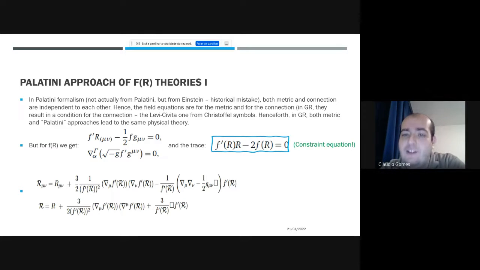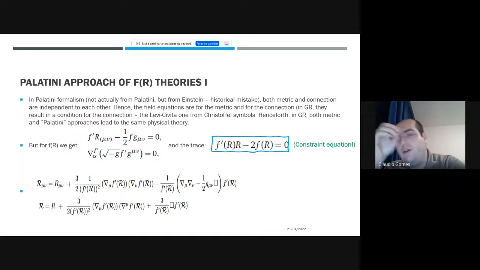It was actually Einstein in his first papers on general relativity that introduced this approach to general relativity. So the confusion that was made throughout history concerns a similar equation, but in a different context, that was found by Palatini. And since they had some resemblance, people made this mistake.